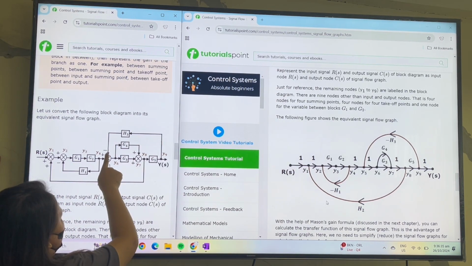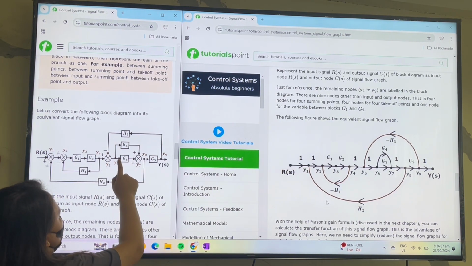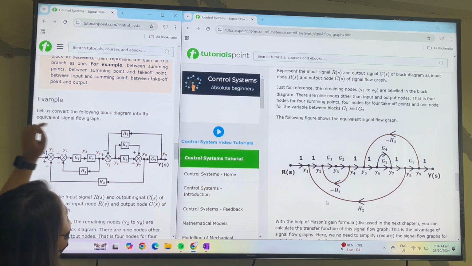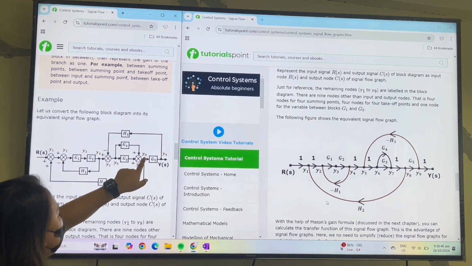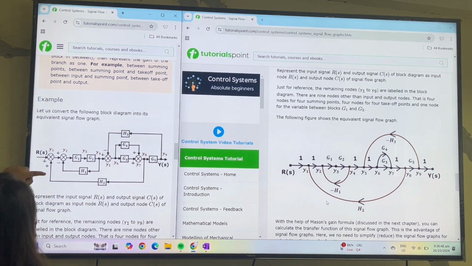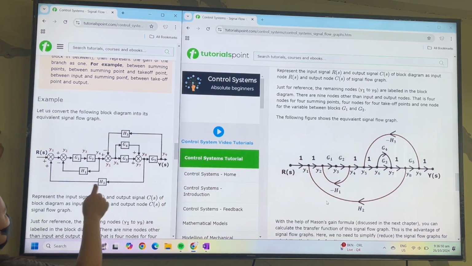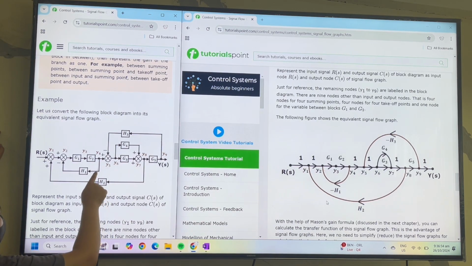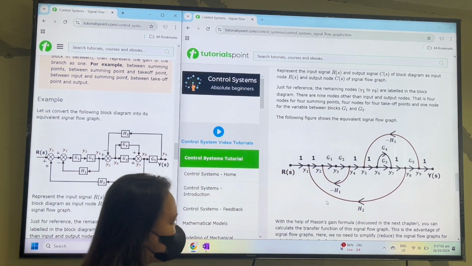Y8 going to Y1 is positive feedback. Then from Y4 going to Y2 is negative H1.